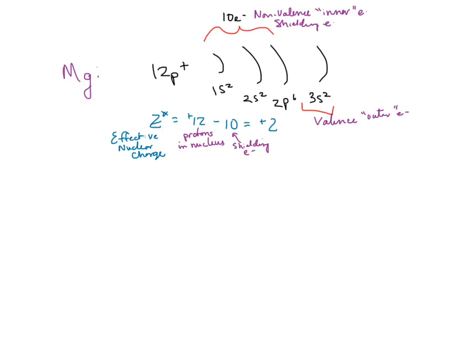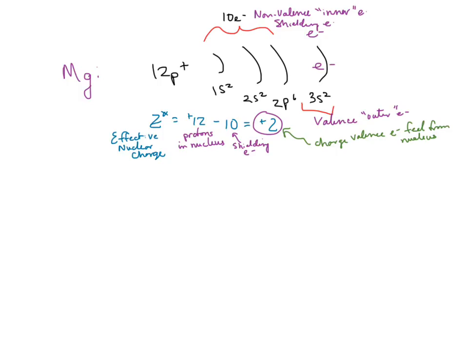In this case, it's 12 protons minus 10 shielding electrons. So the effective nuclear charge is +2. What that means is those 2 valence electrons feel a tug of +2. I think of them as independent. The one feels a tug of +2, and the other one feels a tug of +2.